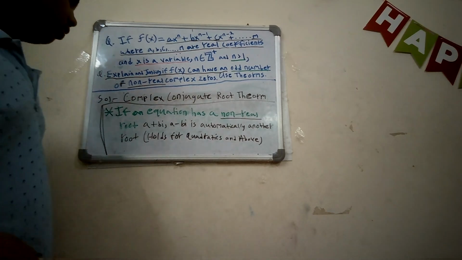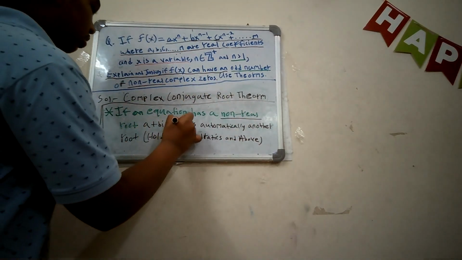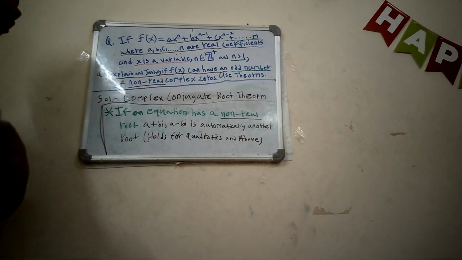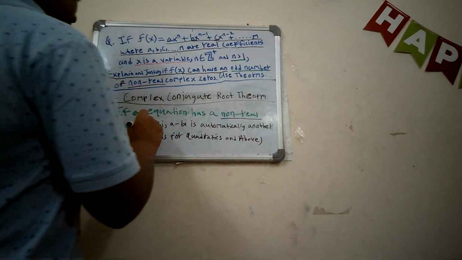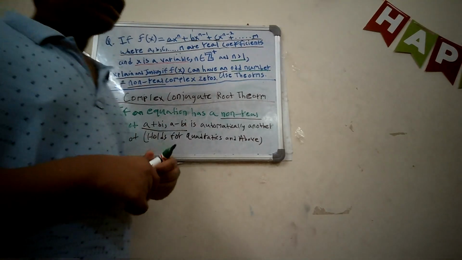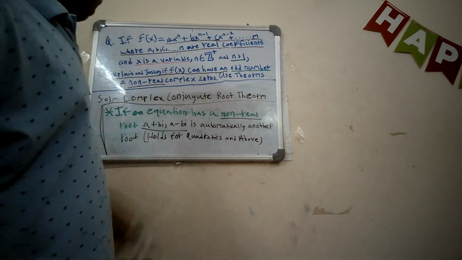The plus or minus gives the conjugates, remember? These are known as conjugates. Now we solved quadratic equations before. You can solve one and check it out. This is the theorem we're using basically.